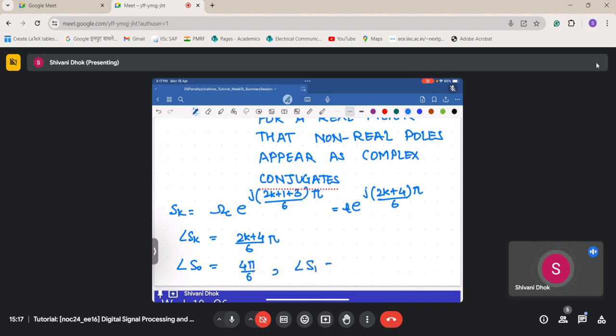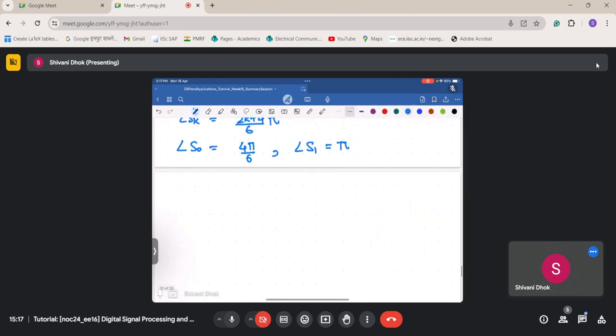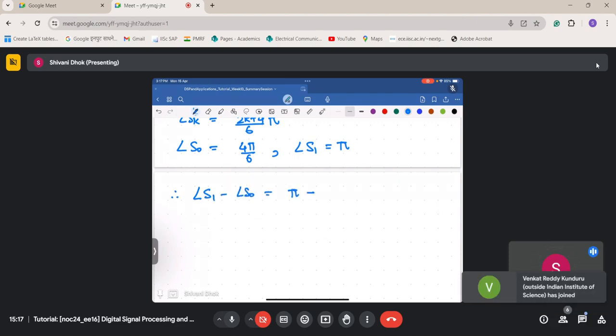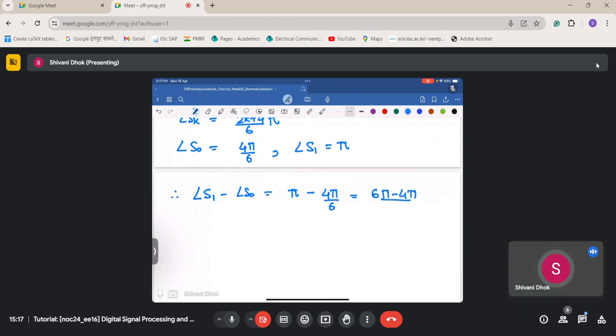Angle of S1 is equal to pi. So therefore the angle of S1 minus the angle of S0 is pi minus 4 pi by 6, which is 6 pi minus 4 pi by 6, which comes out to be 2 pi by 6, which is equal to pi by 3.